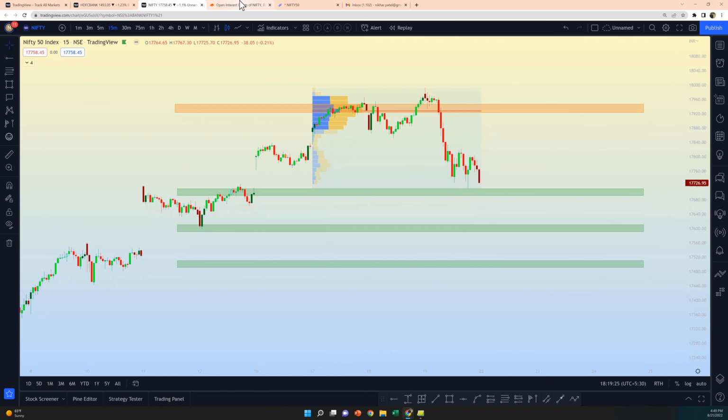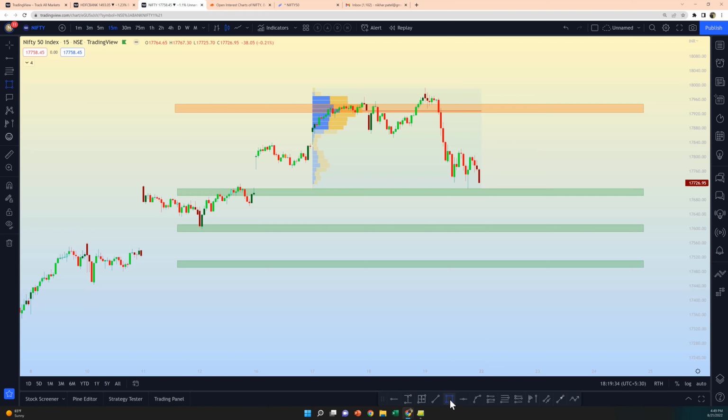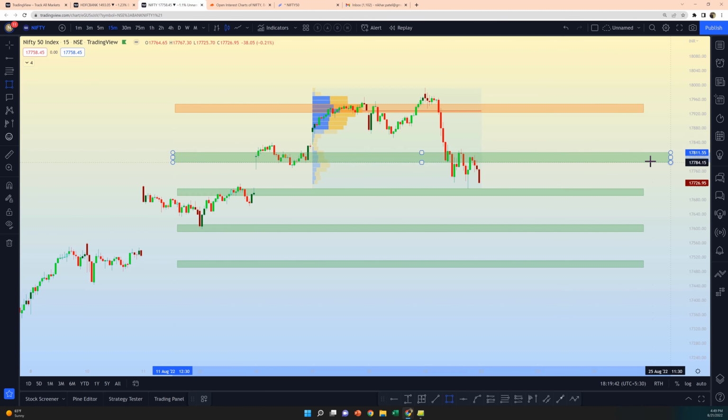Then let's mark the first few resistances also. So the nearest resistance you see here is 17,800. So let's just go and put that as a resistance level, 17,810 to 17,790.